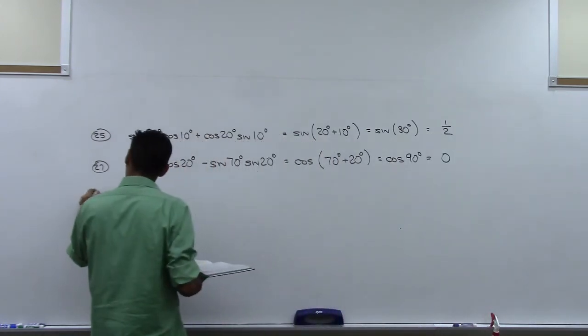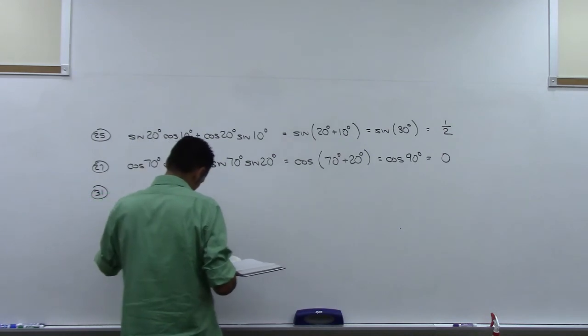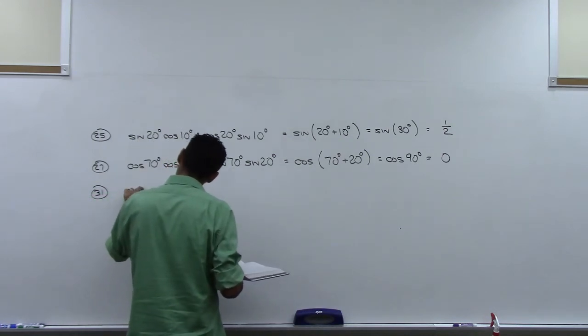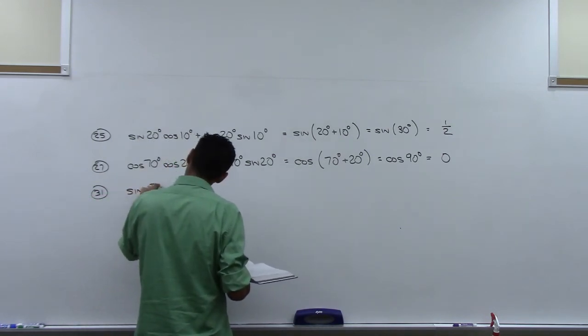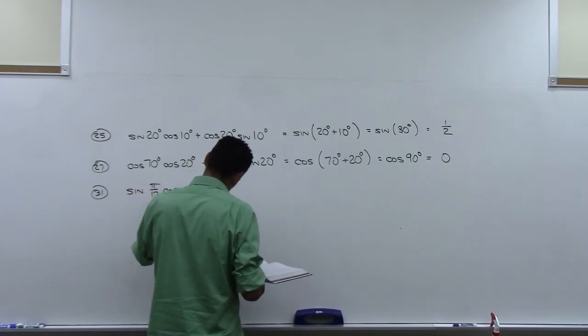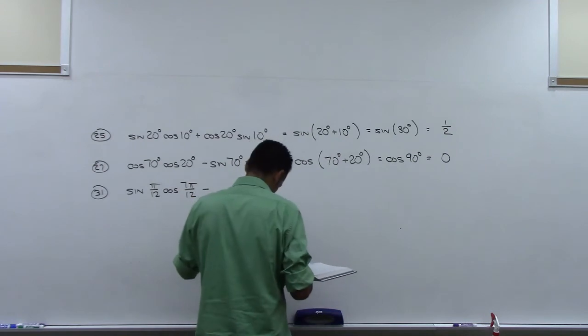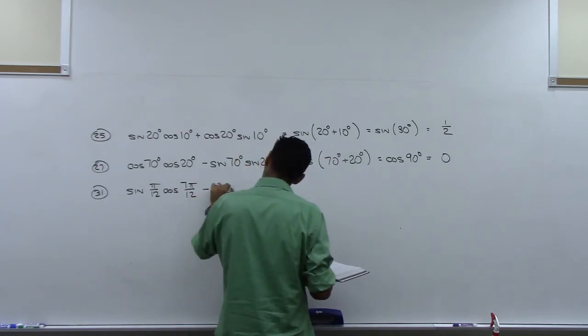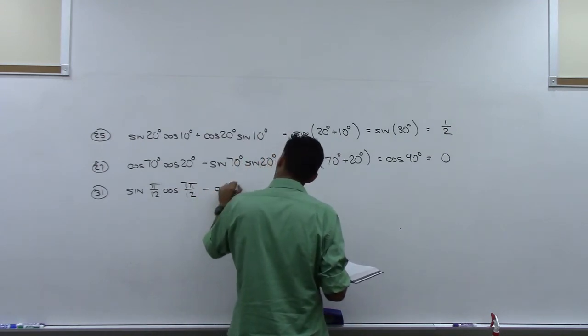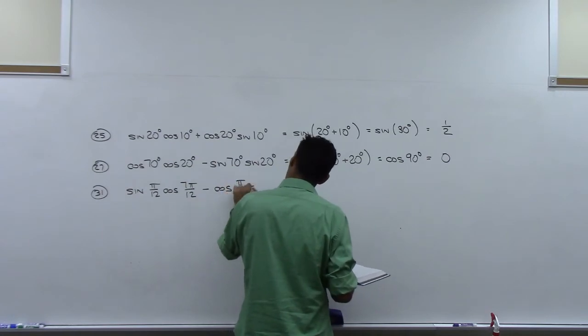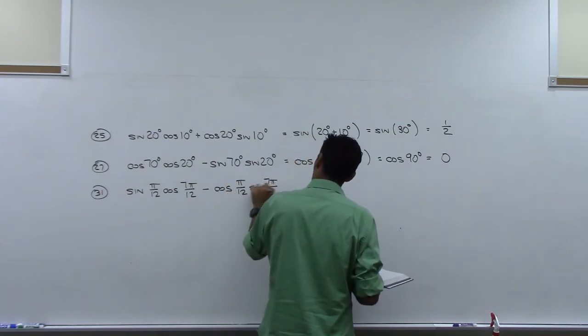Number 31. Again, this should look familiar. We've got sine of pi over 12, cosine of 7 pi over 12, minus cosine of pi over 12, sine of 7 pi over 12.